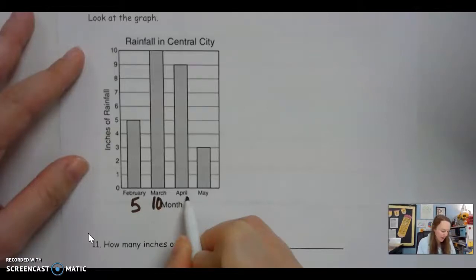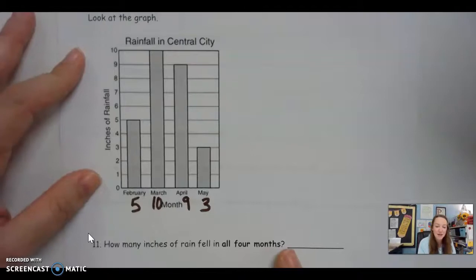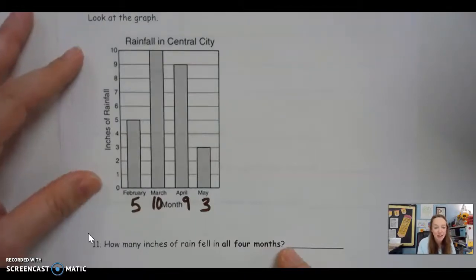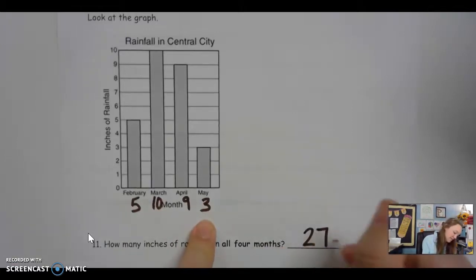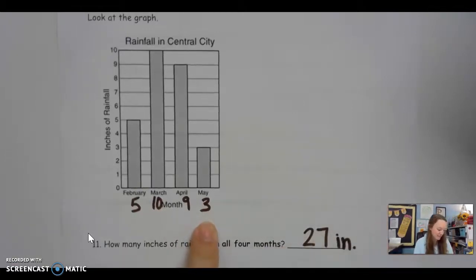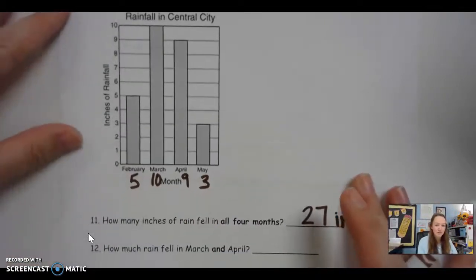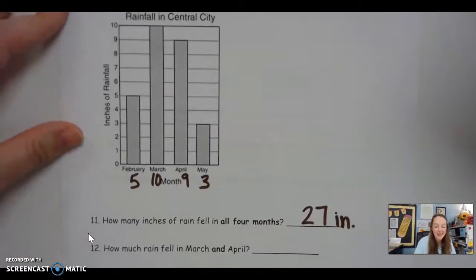So if I need to figure out in all 4 months, I'm going to be adding these numbers together. 5 plus 10 is 15, plus 9 is 24, plus 3 is 27 inches.